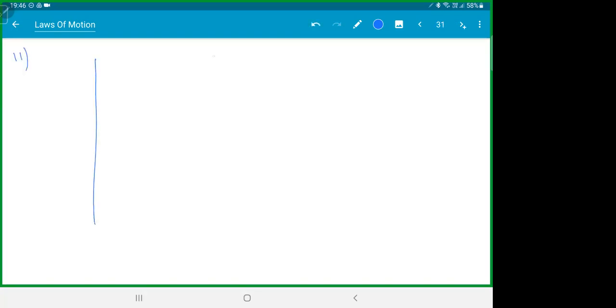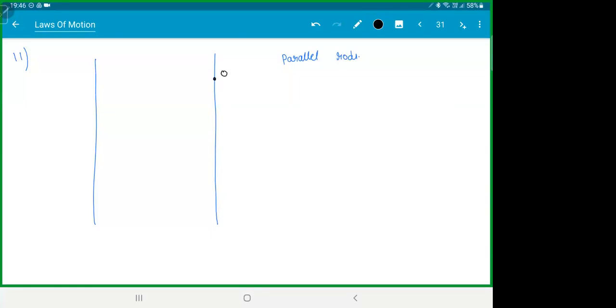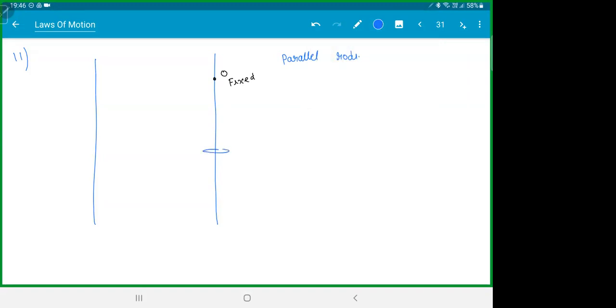We have two parallel rods, and we have a point over here, which is fixed. So we have a ring here, we have a ring here.